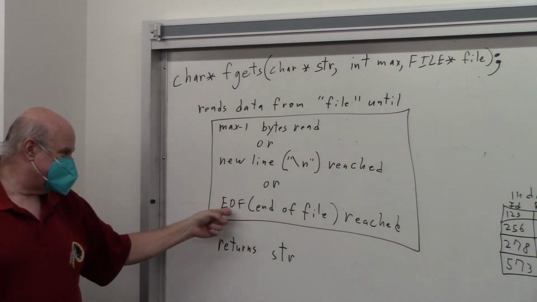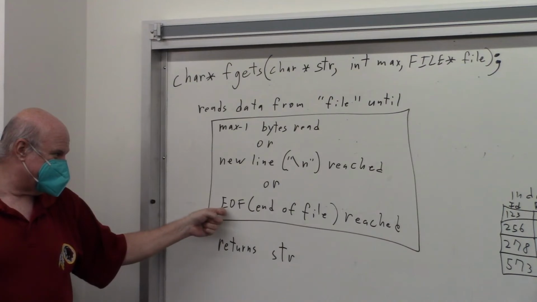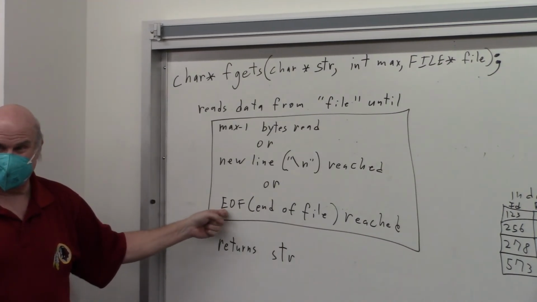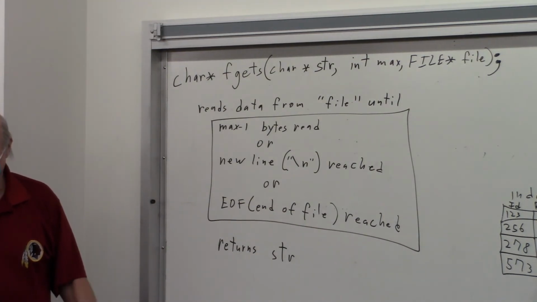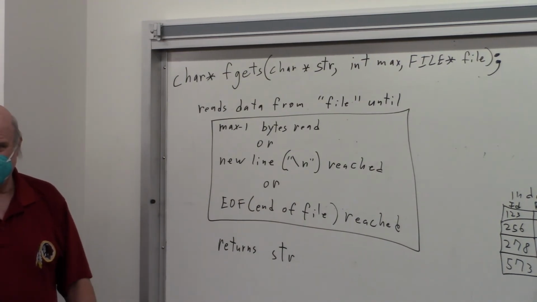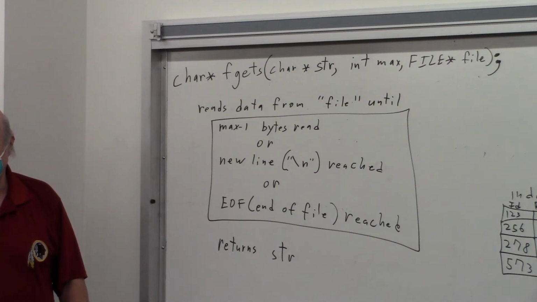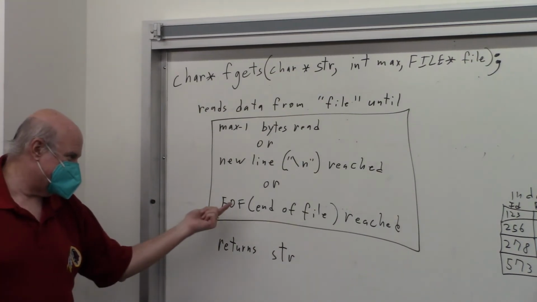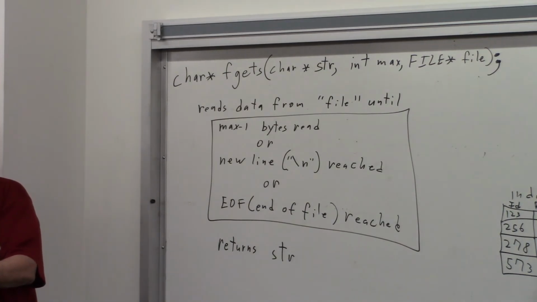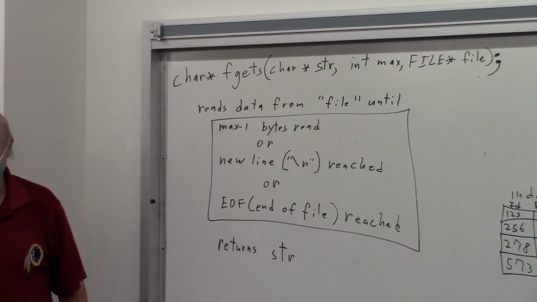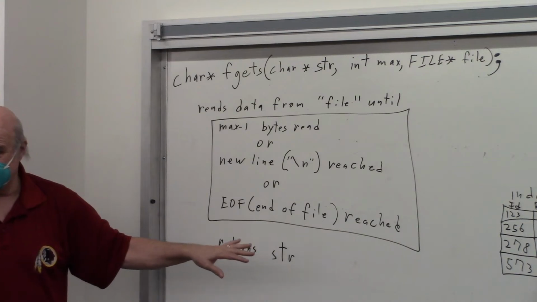Now keep track of this designation, capital E, capital O, capital F, EOF, which stands for end of file, but that has a particular value. You don't need to worry about the value. You simply need to know that the identifier EOF is part of the standard I/O library and you can use it. You don't need to use it in this context, right?